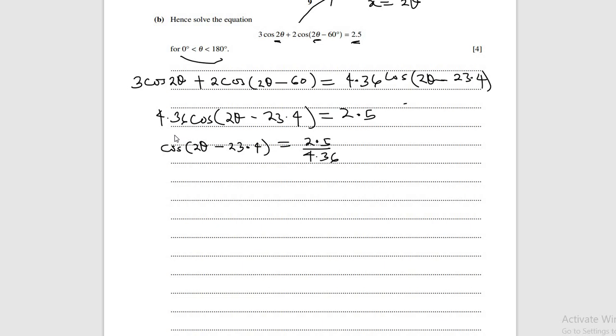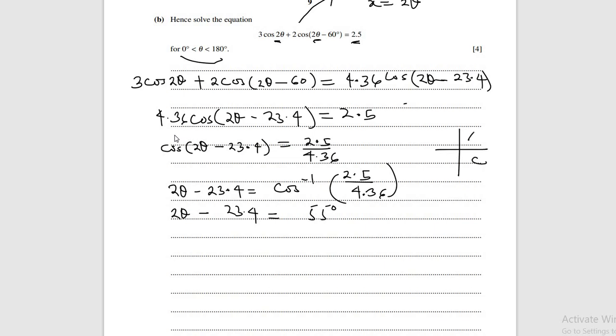Now let's find this one. Hence 2 theta minus 23.4 will be arccos of this. This is how we do it. The inverse of this gives us 55 degrees. Now after this step, check our CAST where cos is positive.